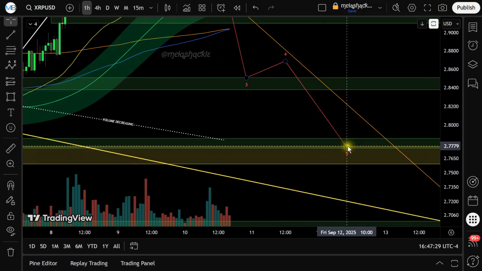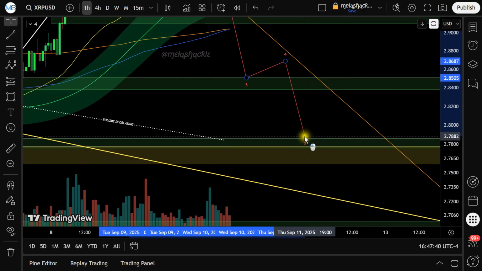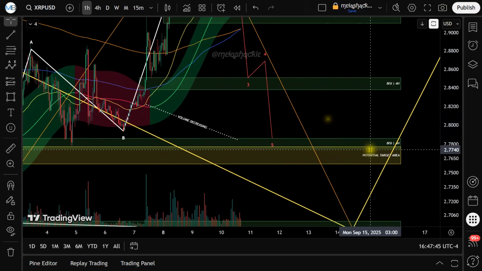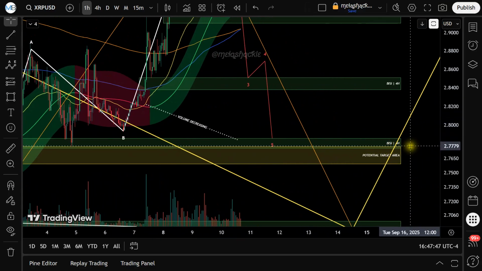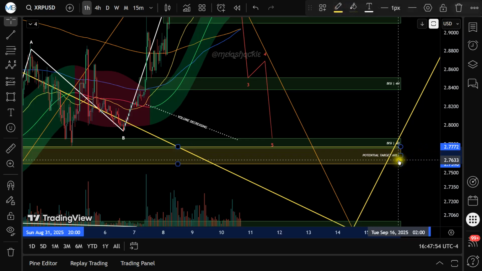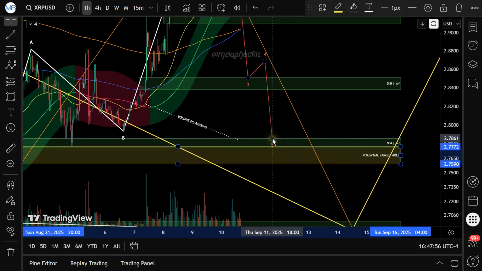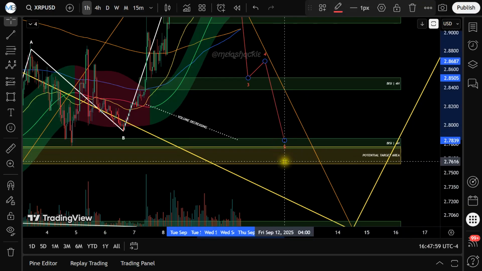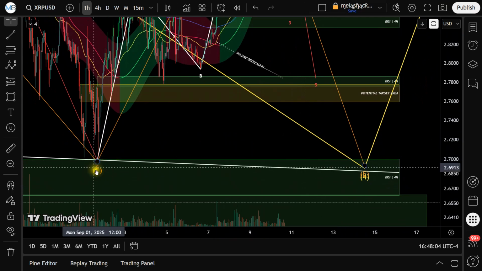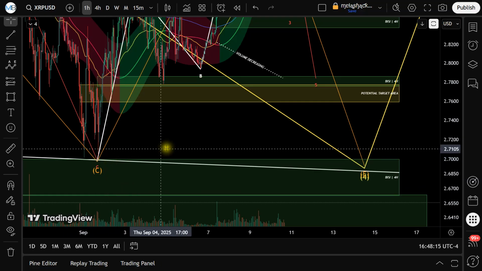Then in regard to the wave 5, I still believe the most likely candidate is to come down right here to this bullish fair value gap, and I have it marked out right here as the potential target area. This is the area I'll be looking for. That doesn't mean that it's guaranteed to hit that area, but it's just what I'm looking for. Because price doesn't have to come down here and sweep the C leg of this ABCDE descending triangle, but it very well could.